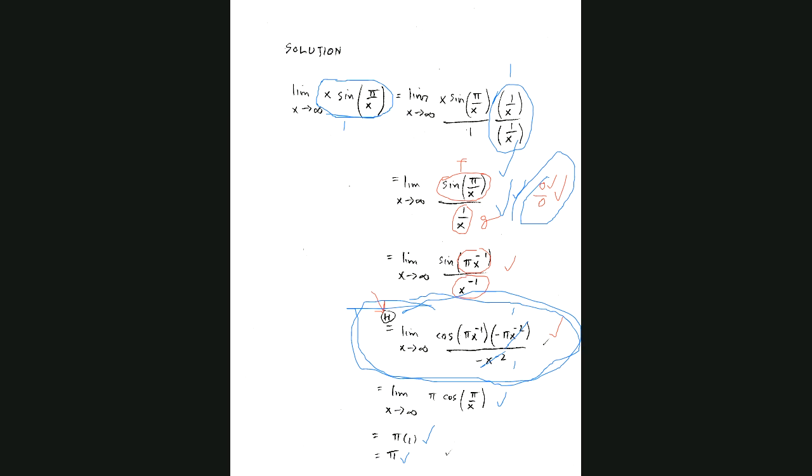L'Hopital's rule, remember, says that when you have an indeterminate form, 0 over 0 or infinity over infinity, the limit as x approaches infinity of f over g equals the limit as x approaches infinity. Let me put this in red. Hold on, let me clear that.